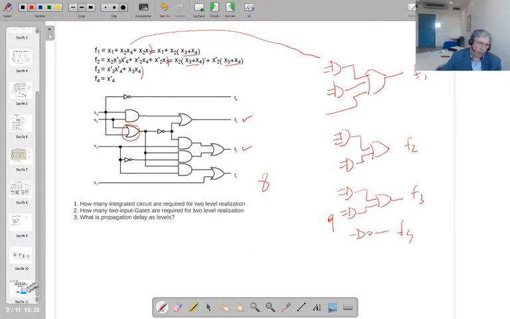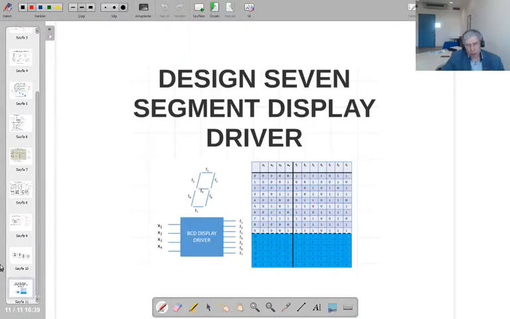Before we finish, I'll show you, I am just going to give you the word description of a 7-segment display driver. So you're going to do it on your own. 7-segment display drivers are used to represent a decimal number. You could see these displays in calculators and traffic lights.